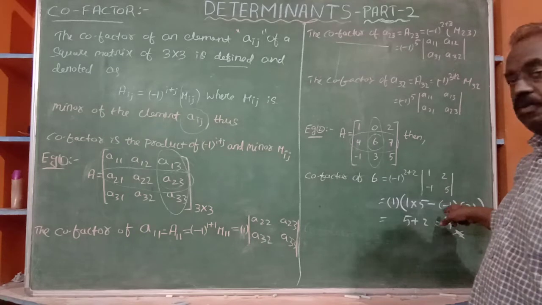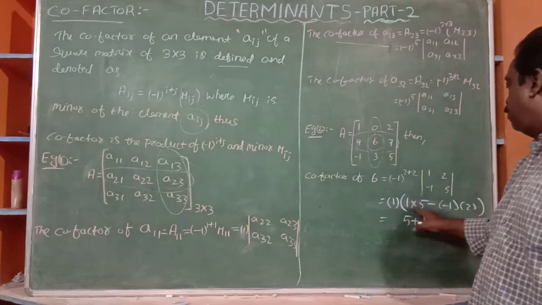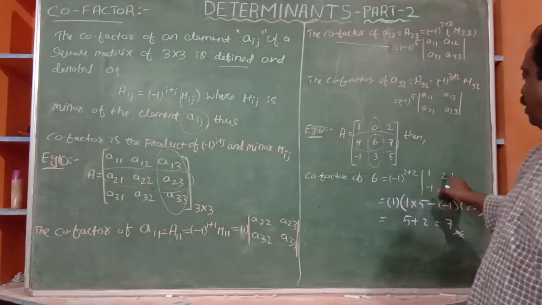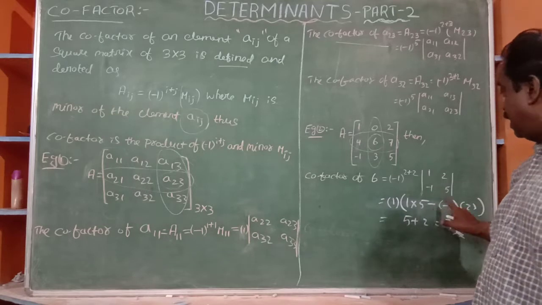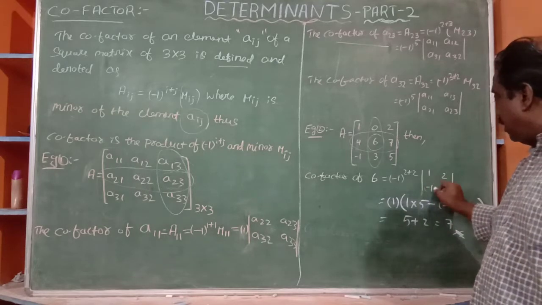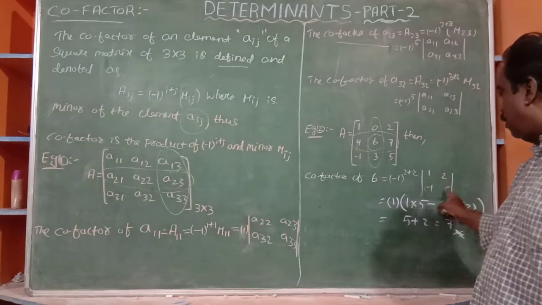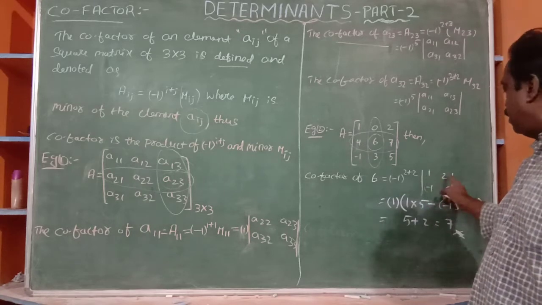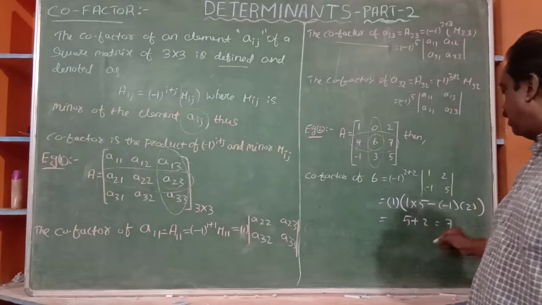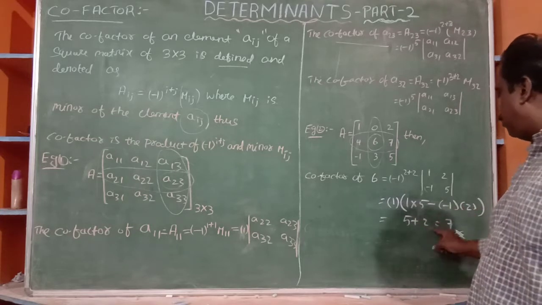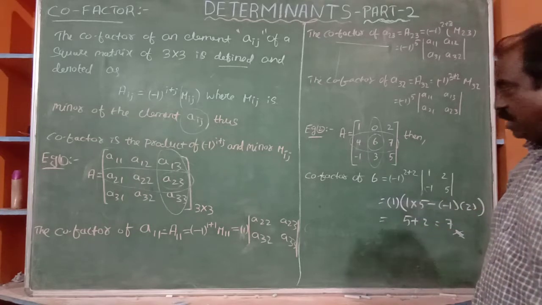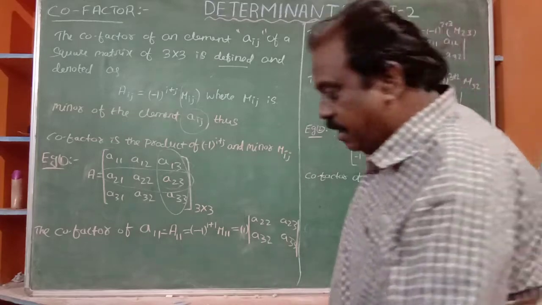It is a minor. So 1 into 5 minus 1 into 2. Be careful, minus 1 is the element. This is the product of the second diagonal, and this is the first diagonal. 1 into 5 minus 1 into 2. Now this is 5 plus 2, 7. Similarly, I will tell here.